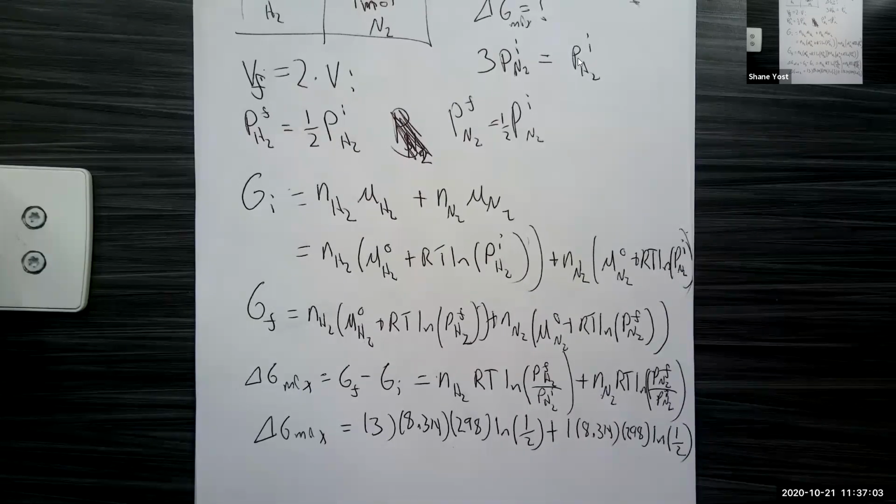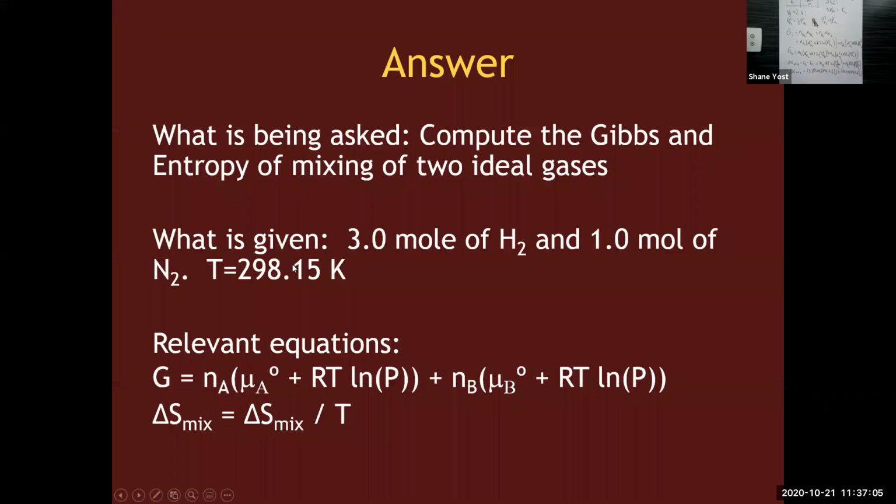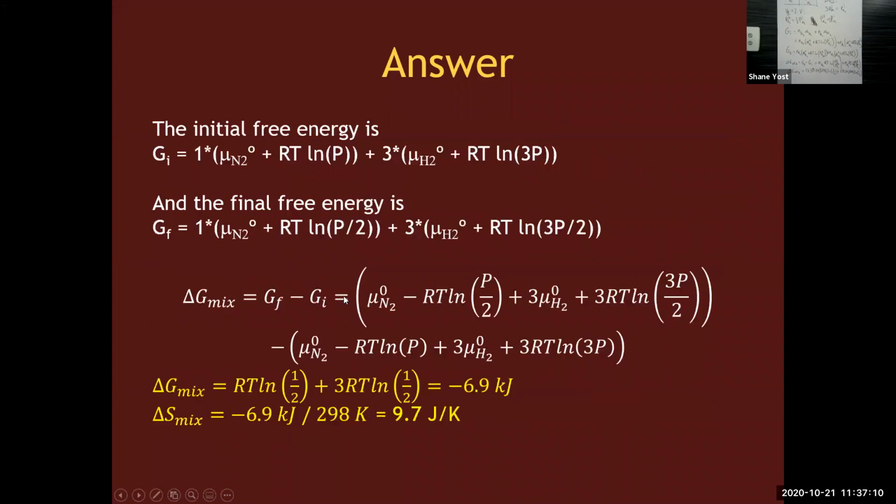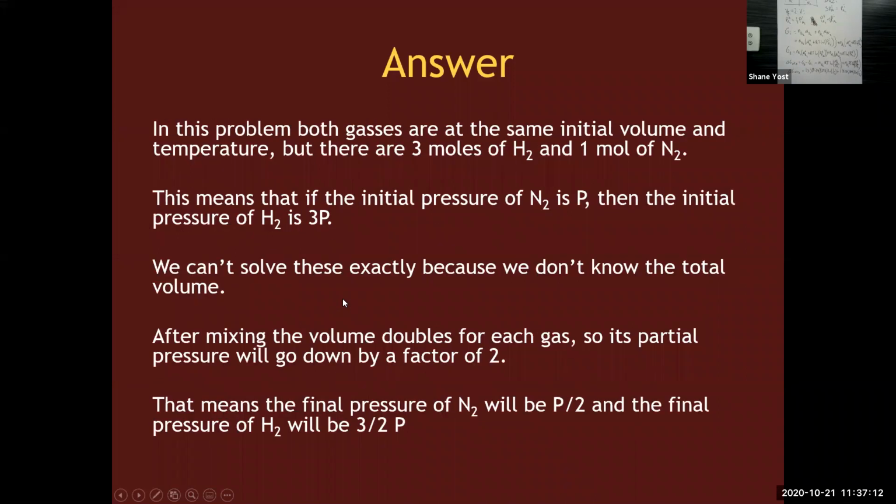All right, so going back to the slide here. Let's see if I did the same in the slide. Final pressure.